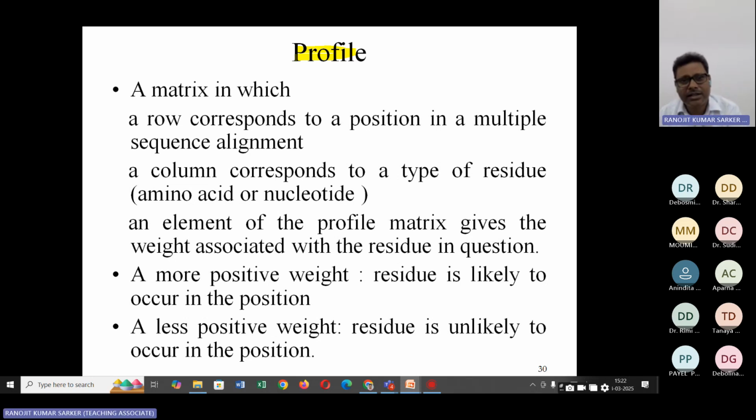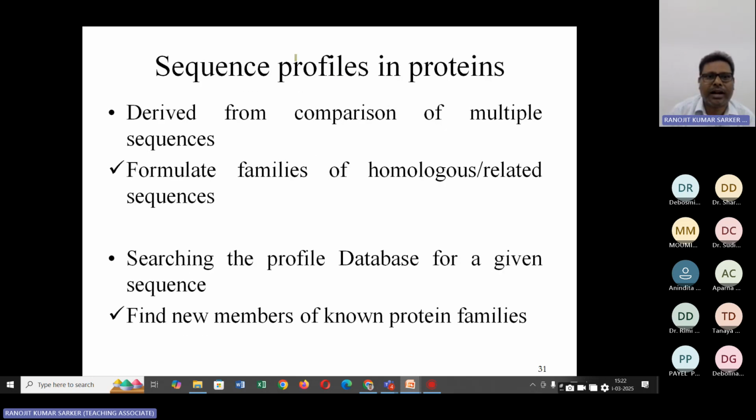So this profile is a 20 by 20 matrix giving you the values for a particular position for all the amino acids. Here the frequency of alanine is 100%, which will be converted into a weight value, say 10, and the others will get 0. In this way, weight values are provided.